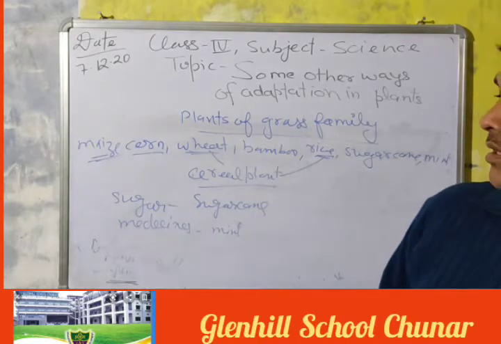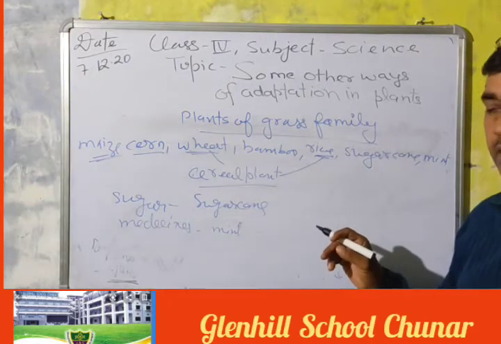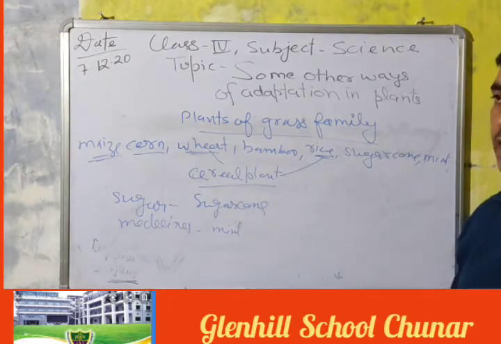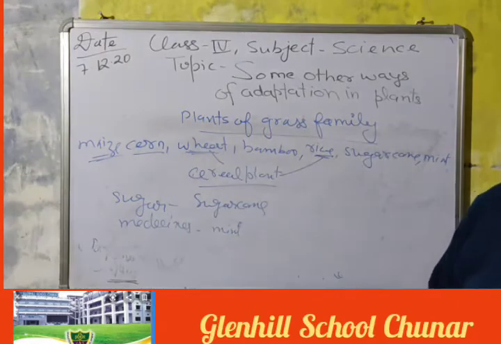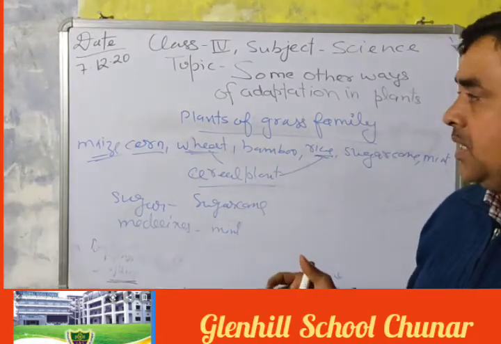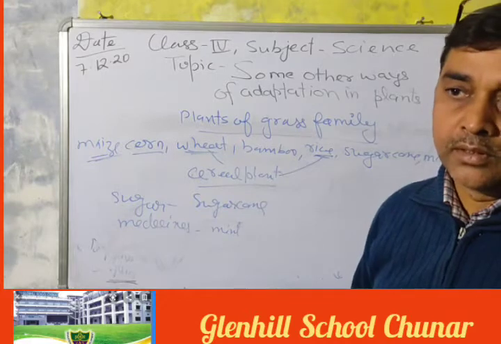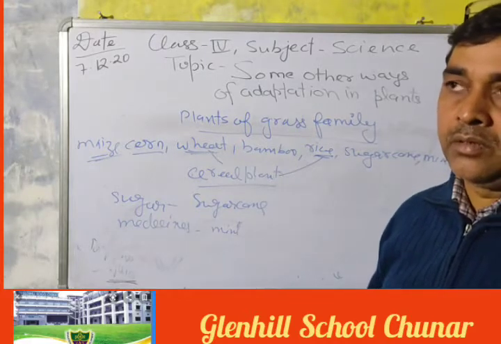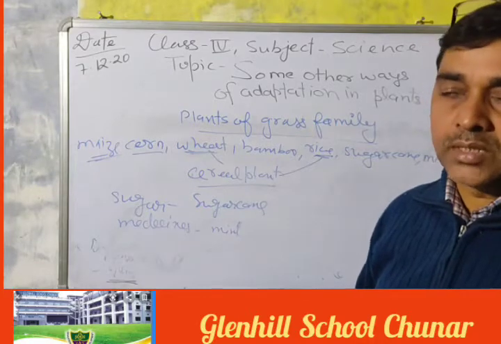So these are called the plants of the grass family. Many other grasses are also useful in our daily life. Some grasses provide fodder to our animals, provide medicine to us, and provide seeds to us.